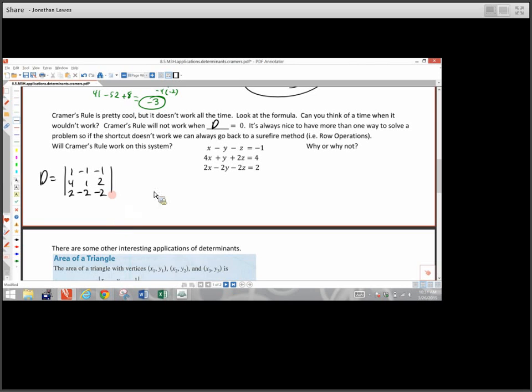What if I took the first row, multiplied it by -2, and I added it to the third row? This would be -2. This would be 2, and this would be 2, right? It'll be 0 now. And if I added those together, what I'd have is 1, -1, -1, and 4, 1, 2, and then this would be 0, 0, 0.